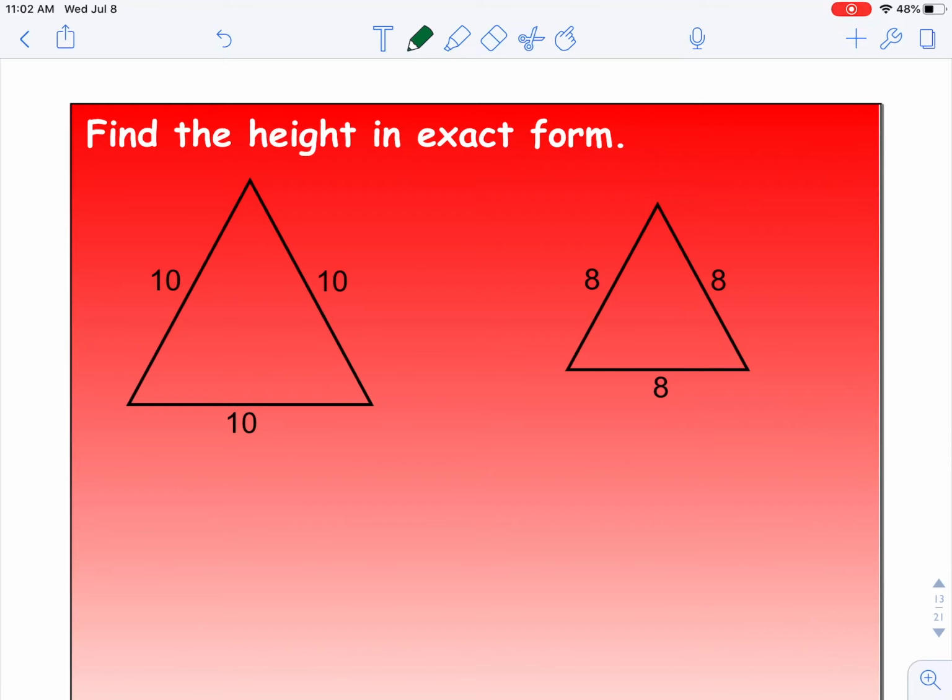All right. So let's move on to another special right triangle, an equilateral triangle. So in an equilateral triangle, we know that all the angles are 60 degrees.